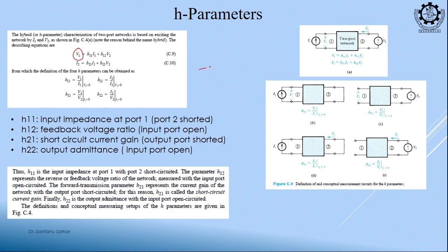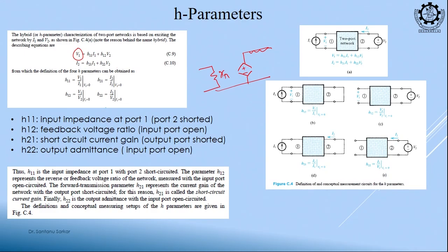If we draw the small signal model, this is R pi, and this can be many things, GM into VI or beta into IB, and I can have an output resistance and so on. So, the same things are defined this way, and if you satisfy the equation you will get the unit.